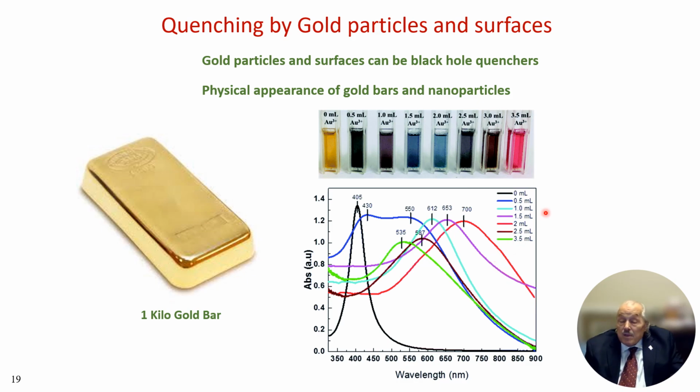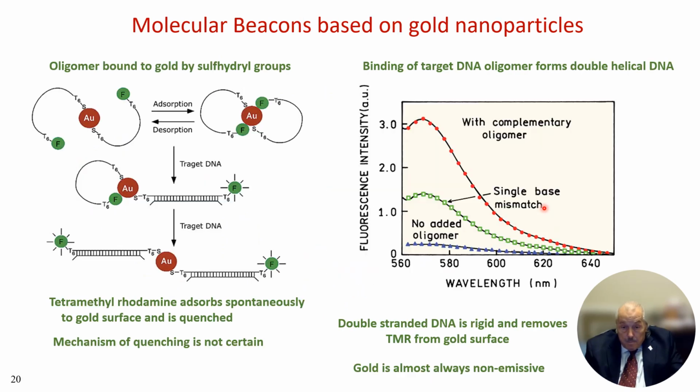Almost any of those can be used for a black hole type experiment. And here's one of the first molecular beacons that was based on gold nanoparticles. So they had a DNA sequence that they bound to the gold with a sulfhydryl group. There are many ways that you can bind things to gold, but the sulfhydryl group is always the easiest.